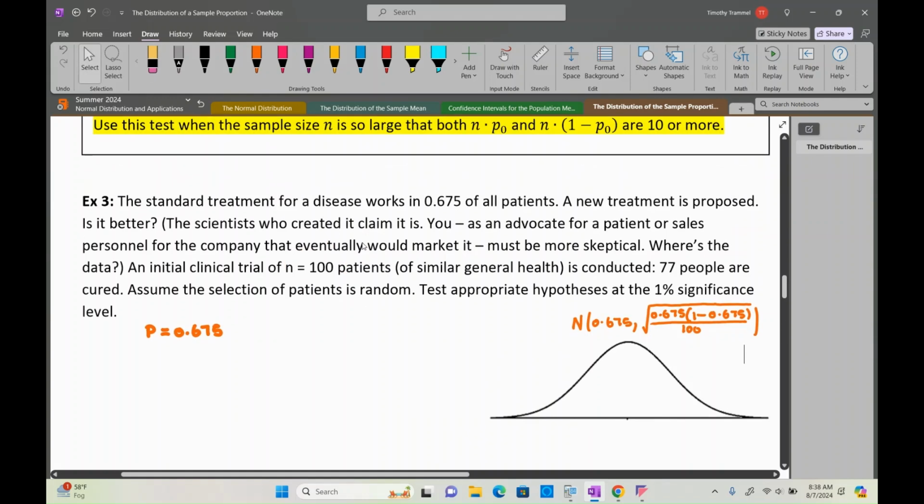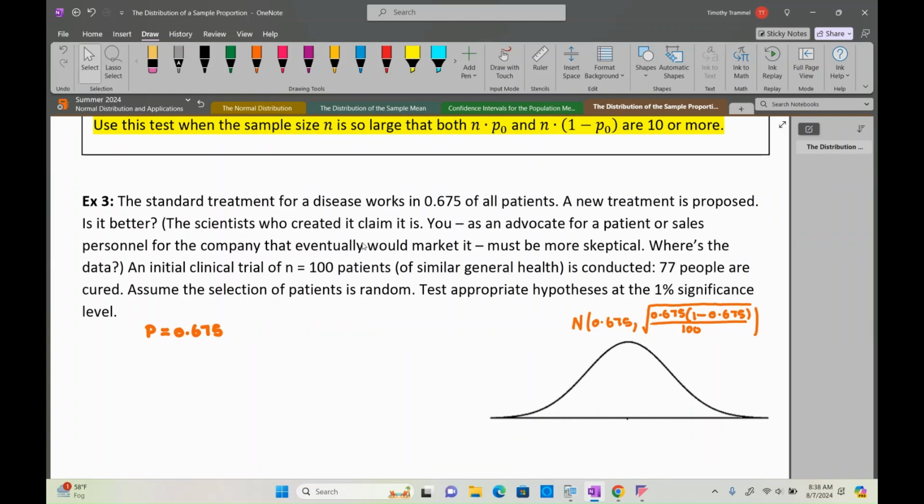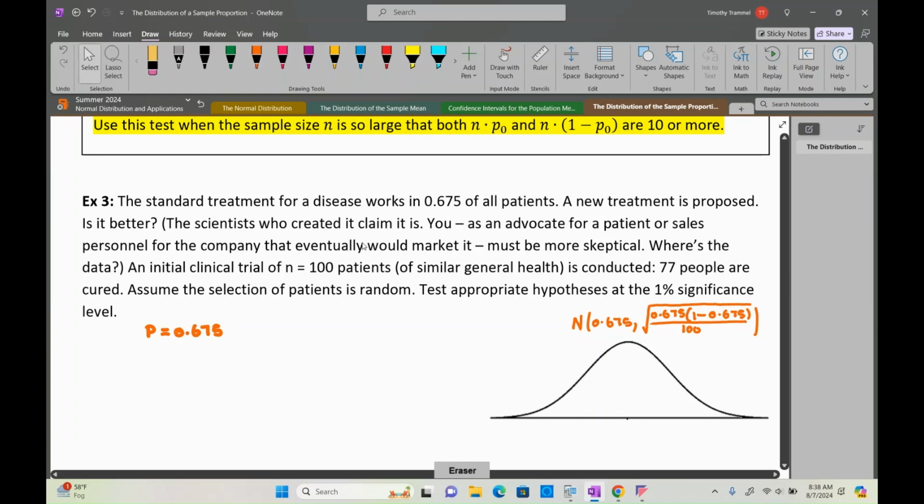So a new treatment is proposed, and the question is, is this new treatment better? We do need to test this, and so to test it, we're going to take a sample of 100 patients. What happened is 77% of these patients were cured from this disease.